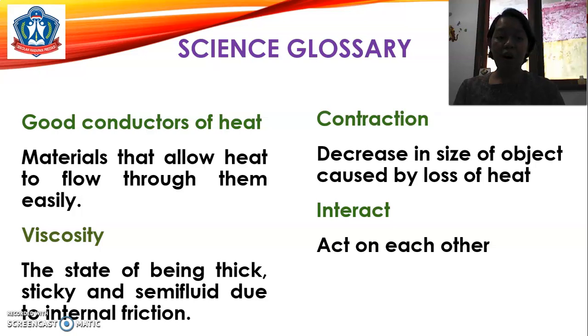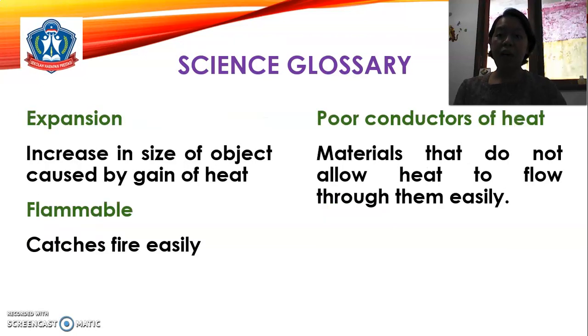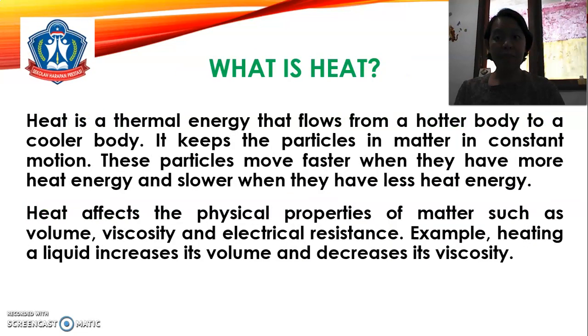Interact is to act on each other. Expansion is an increase in size of an object caused by gain of heat. Flammable means catches fire easily, and poor conductors of heat are materials that do not allow heat to flow through them easily.